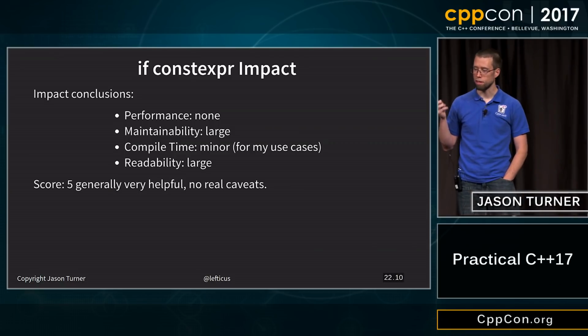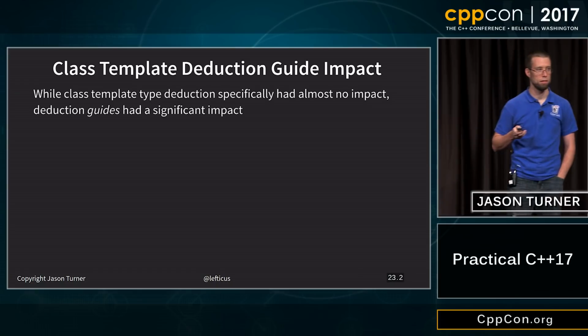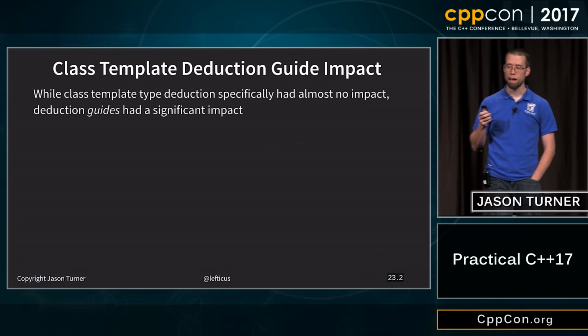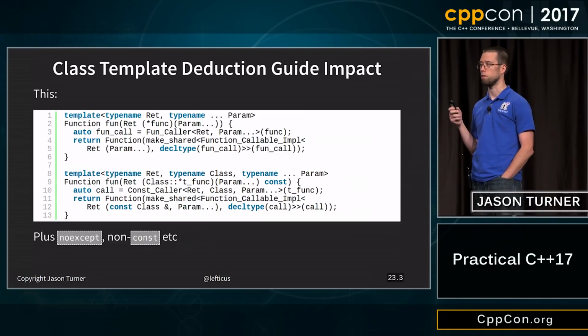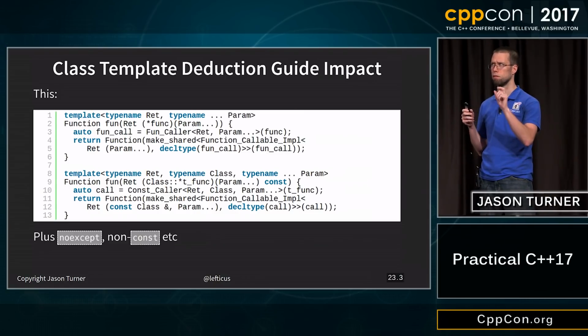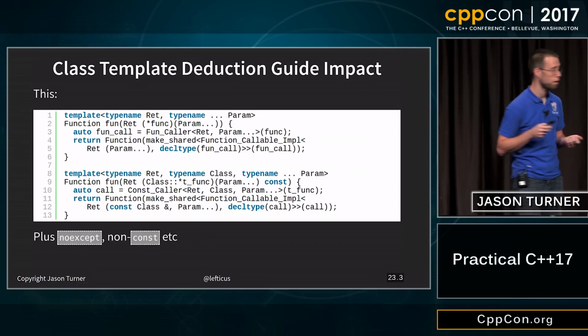Class template deduction guides, I'm going to mention separately from class template deduction, because I didn't actually use the types that were created from class template deduction. I didn't use the instantiated classes. I just let them do the dirty work for me.